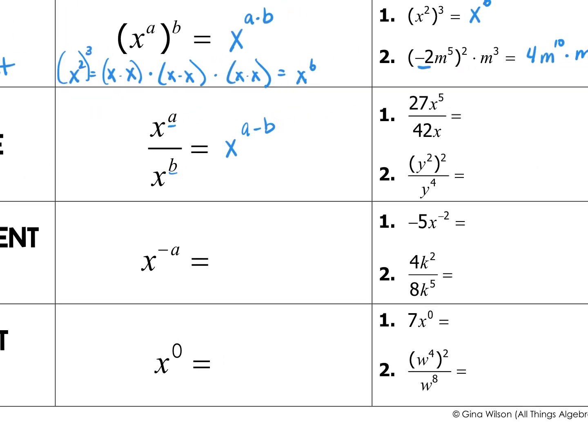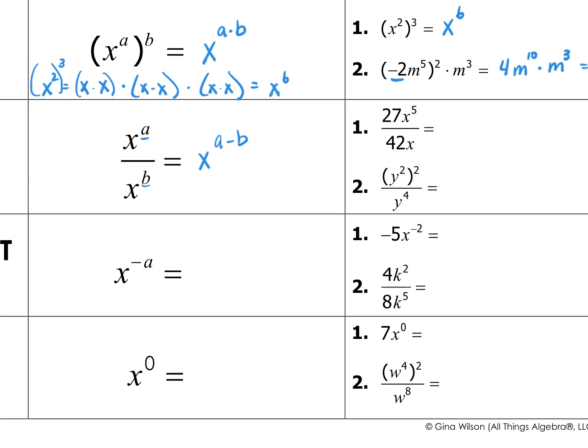All right, let's look at our examples here. So if I have a number and an exponent or a variable with an exponent, always remember, you're going to solve your numbers first, okay? So if you were to plug in 27 divided by 42, you're going to get a decimal. So remember that math function where you can simplify your fraction in your graphing calculator.